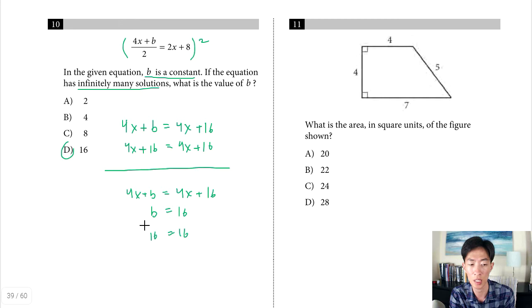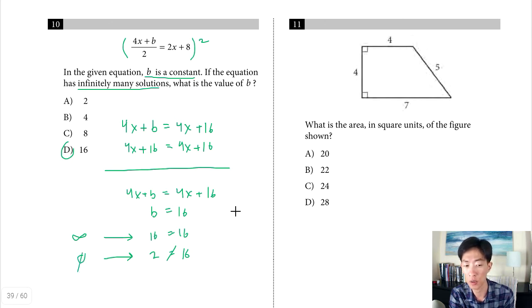Alternatively, this also shows you how to get a no solution situation, because let's say b is equal to 2, then we get 2 equals 16, not true. So when b is 16, we get infinitely many solutions, but when b is any other number than 16, we get no solutions.